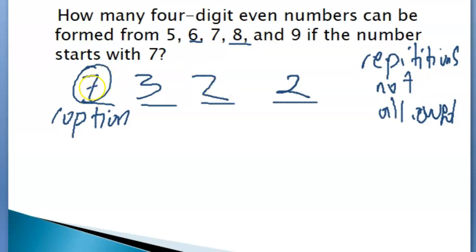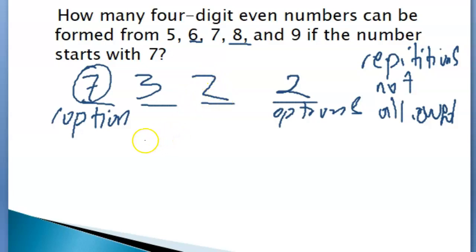Alright, so the first slot, 1 option. Final slot, we have 2 options there. And once we use 2 numbers in the first and the final slot, in the second one, we have 3 options from the 5 remaining. And in the second to last slot here, we have used 3 options already. So we're left with 2 options now.